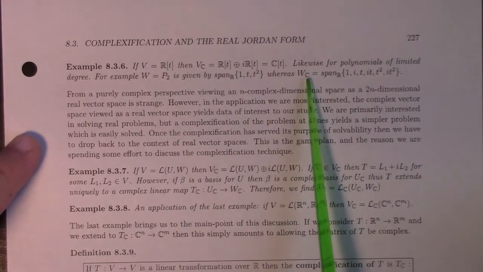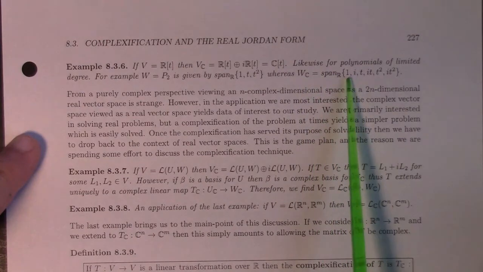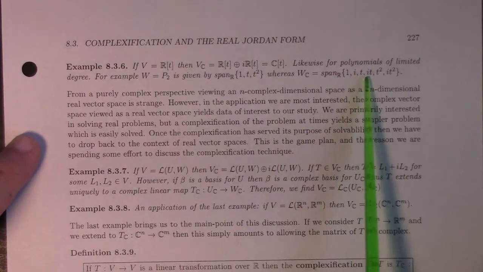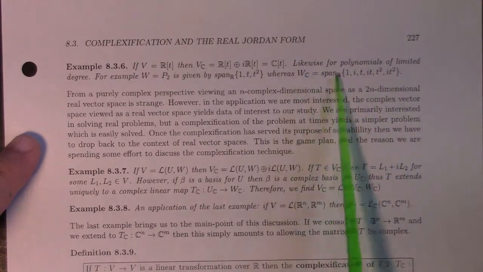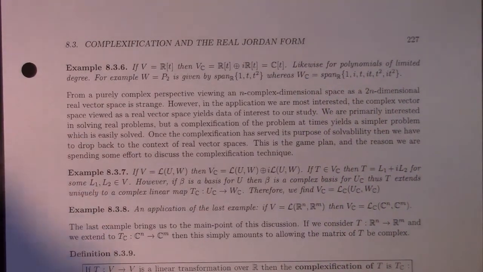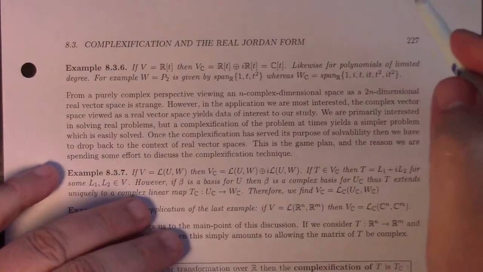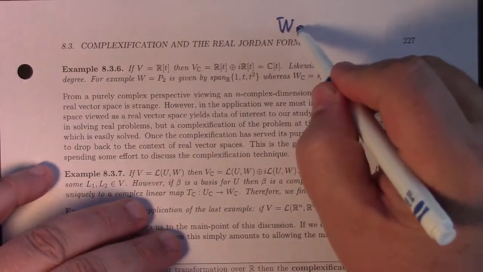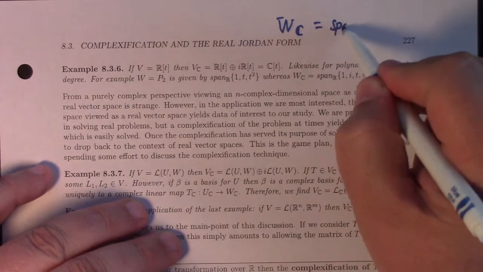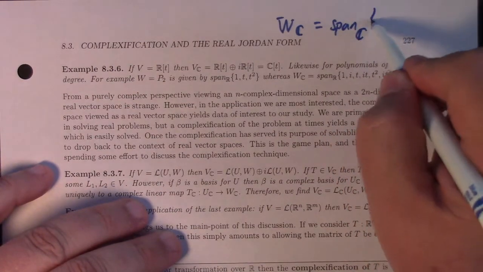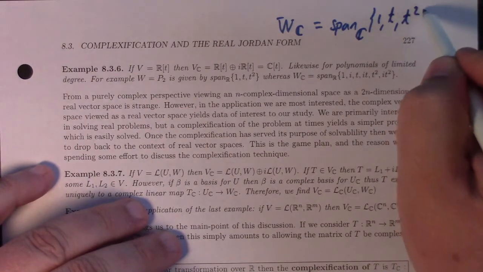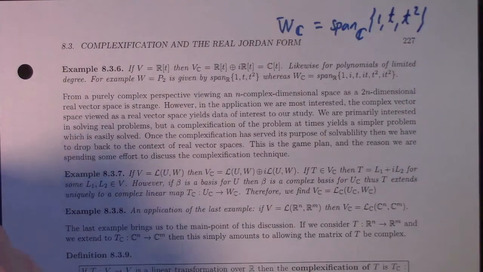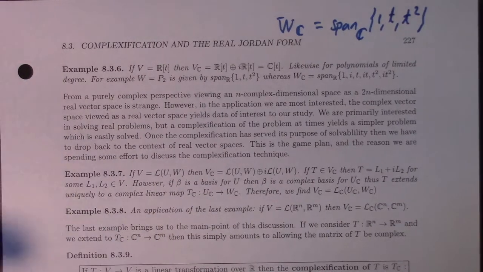The complexification of P2 has real basis 1, i, t, i t, t squared, i t squared. But as a complex vector space, the complex span of 1, t, and t squared does quite nicely. In other words, the complexification is 3 complex dimensional, but 6 real dimensional.